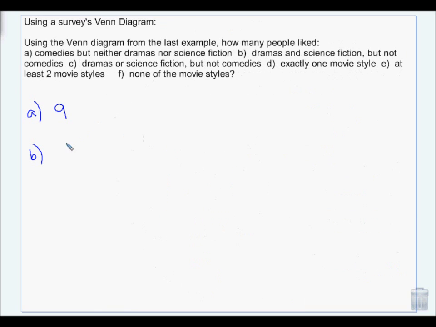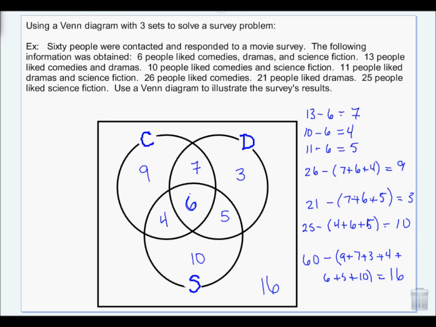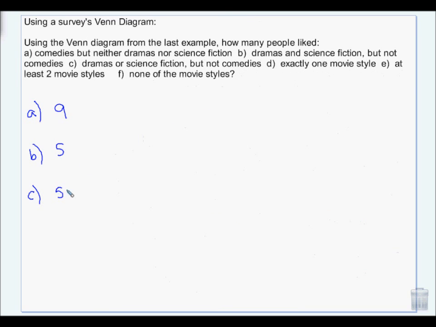So that's 5. C, dramas or science fiction but not comedies. So drama or science fiction means all of these, but not comedies, so except for this. So I have 5 plus 3 plus 10, so it's 18.